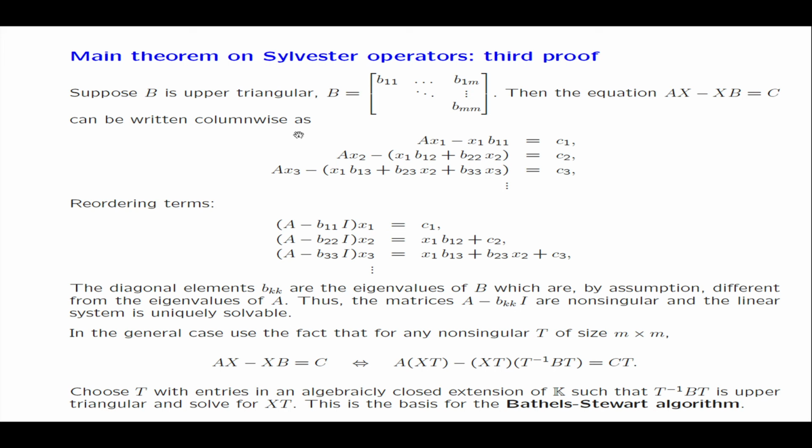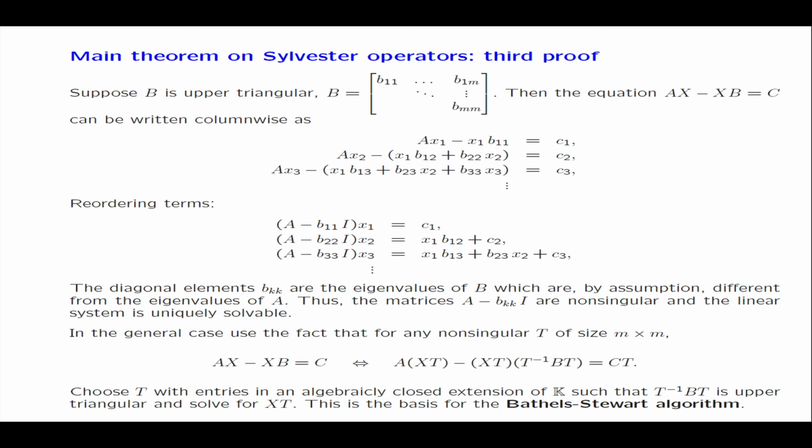Suppose first we are in this special situation, and we want to solve AX plus XB equals C. Then we can write down these equations for the columns of C. Let's say C1 is the first column of the matrix C, C2 is the second column, and so on, and X1 is the first column of the solution.